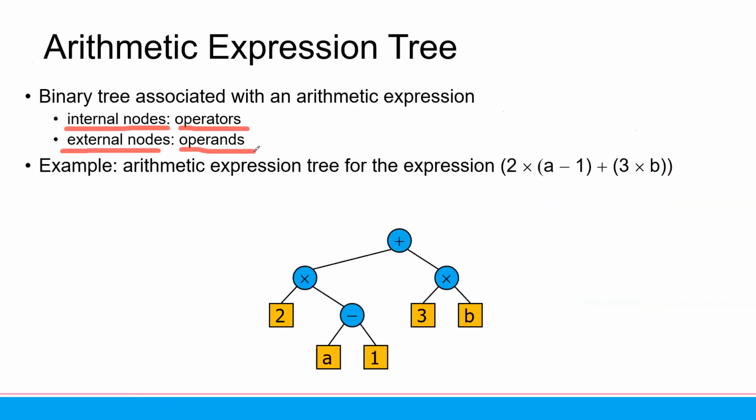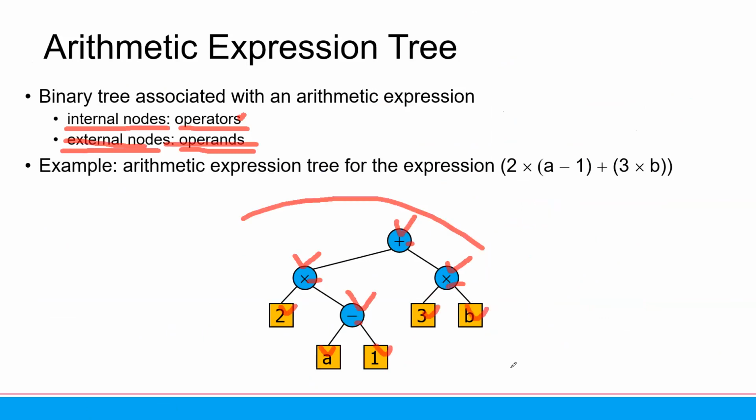What does it mean? This is an internal node. This is an internal node. So the internal nodes are the operators: plus, multiply, minus, multiply. And then the operands means the numbers, or the external nodes. So 2, A, 1, 3, B.